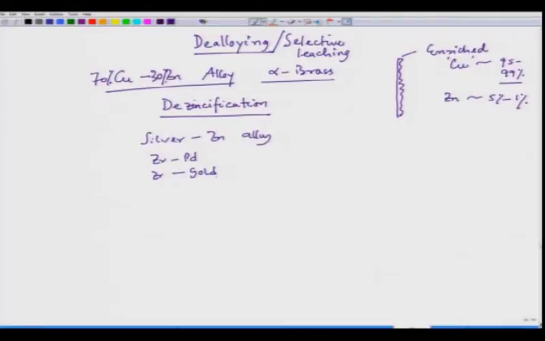In all those cases we do see de-alloying, and in all cases, for example here, zinc goes out and silver is left out. So, a silver enriched region is formed. These two are typical examples of metallic glasses.